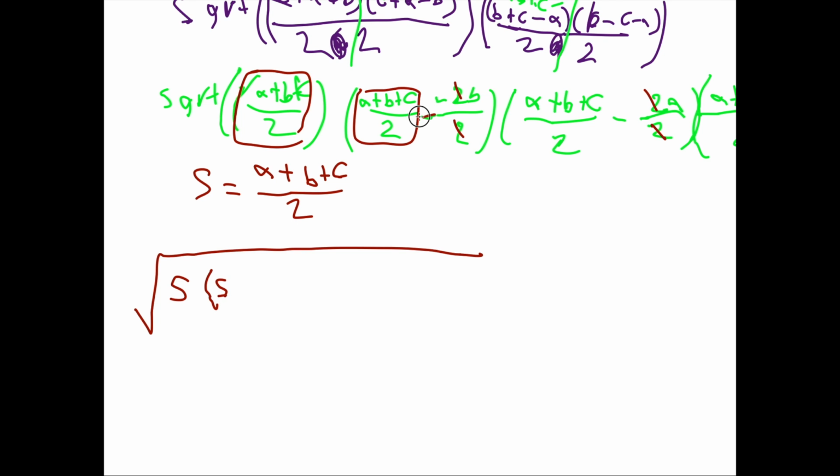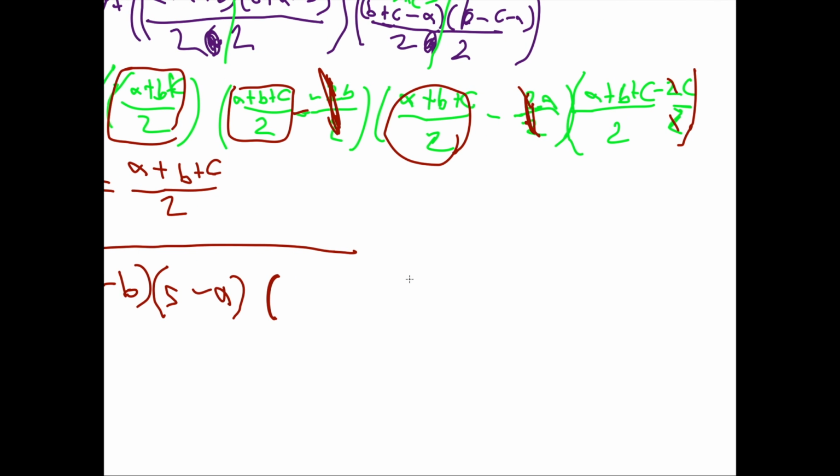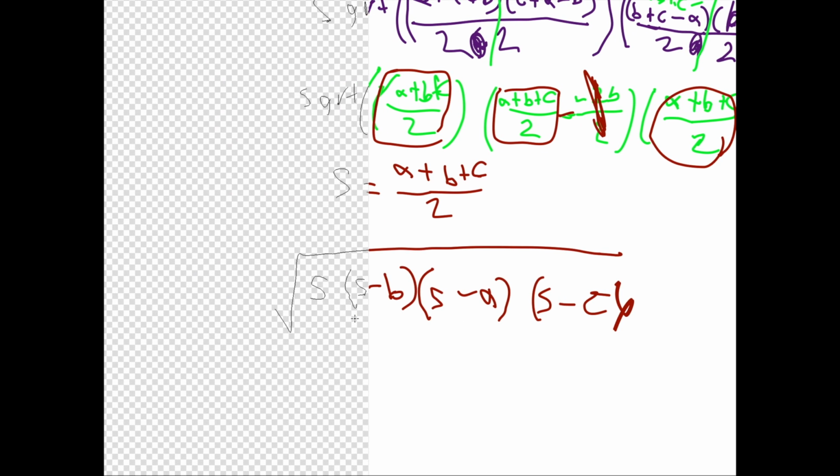S, but there's a minus b. Minus b, right? Because these canceled, so you only have a b left. Here, we have an s again, right? This is s. And here we have an a, minus a. And lastly, here we have a plus b plus c, which is divided by 2, which is s, minus c. So now we have that. What happened there?